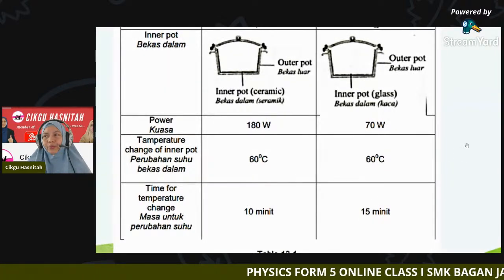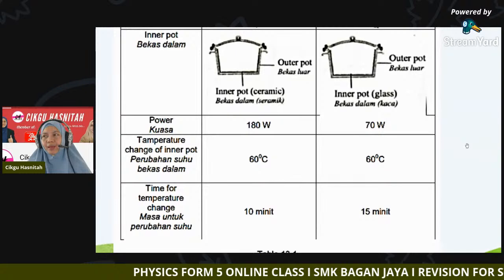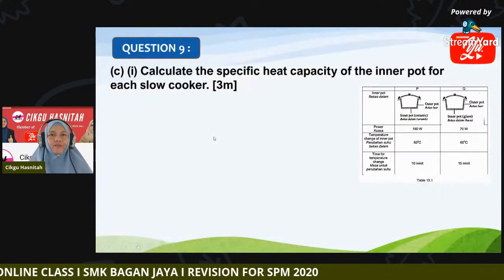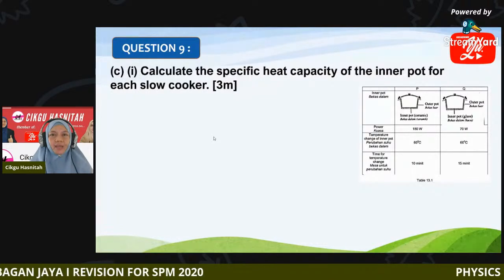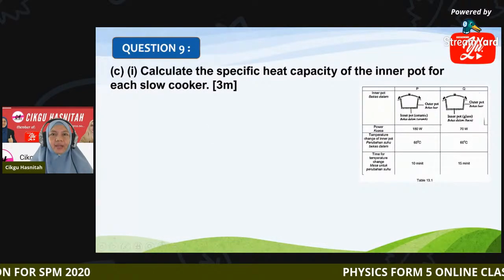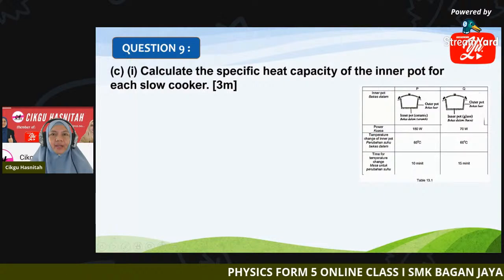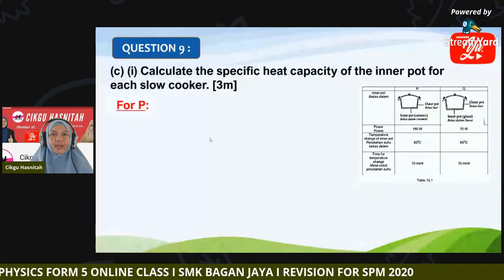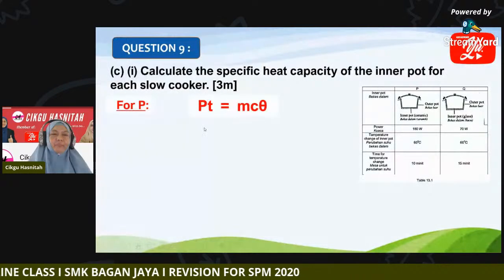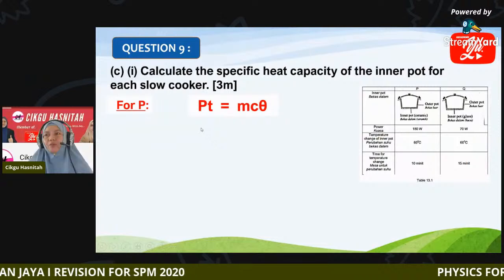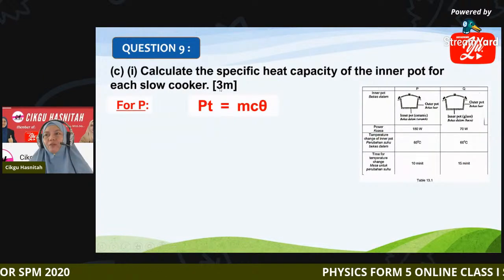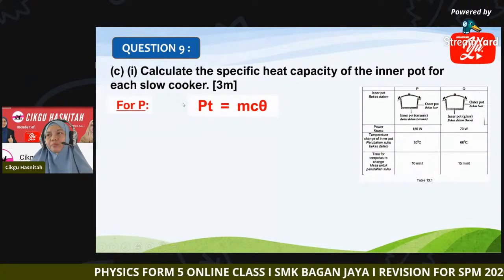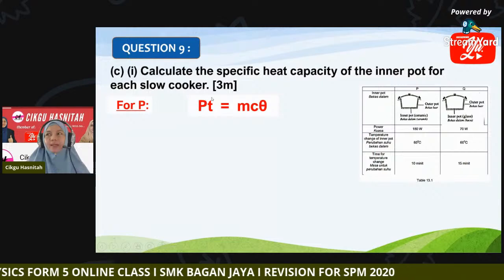So first, calculate the specific heat capacity of the inner pot for each slow cooker, meaning you find C for both P and Q. So how to find this? For P, this is the equation that we can use to find the specific heat capacity: Q equals m c theta. Where is the heat coming from?